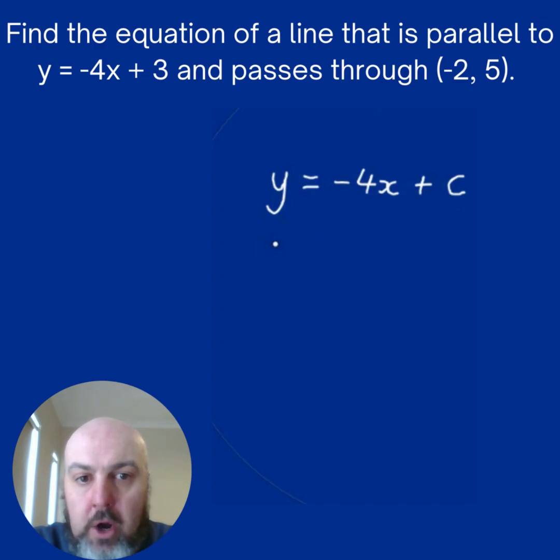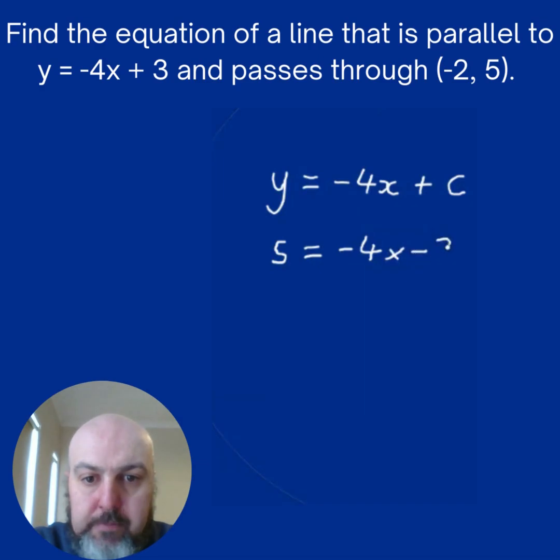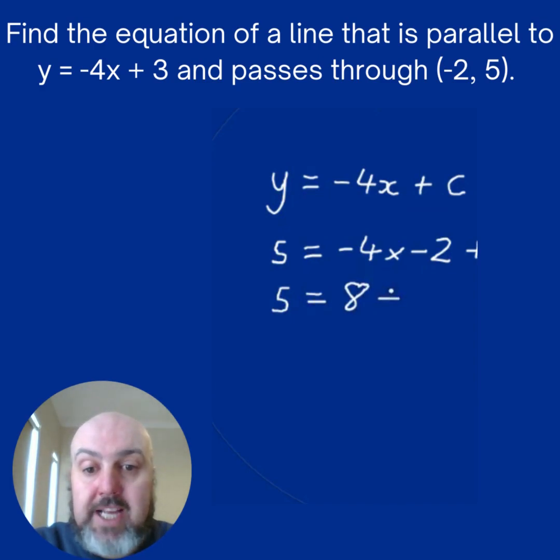So I know y is 5, and I know x is equal to -2. So 5 = 4 times -2 plus c. Now I've got to give this equation a bit of a tidy up so I can work out what c equals. 4 times -2 is -8, plus c.